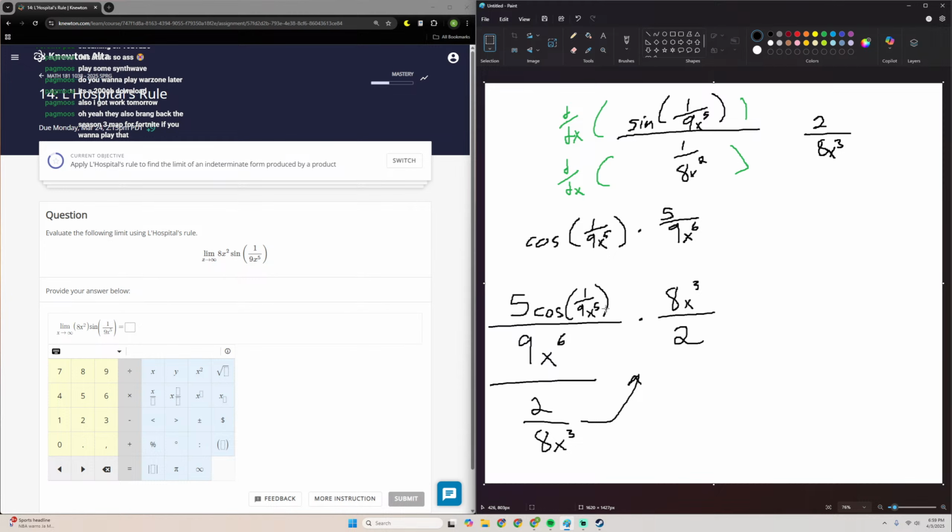That is -6 plus 3. That is x to the 3rd. 9 times 2, 18. Cosine. Wait, this equals 40. Cosine 1, 9x to the 5th. Not 6th, 5th.